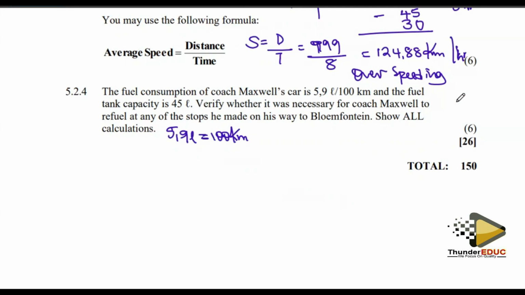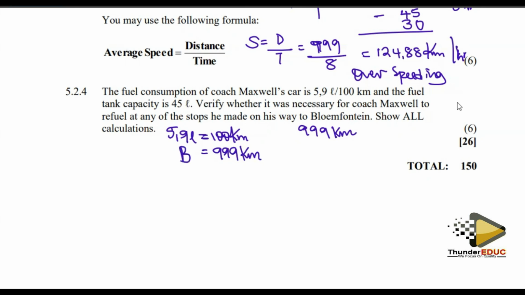So how are you going to find this out? He was traveling from Cape Town to Bloemfontein, which covers a distance of 999 kilometers. You understand? So you ask yourself, for this many kilometers, how much fuel do we need? We say, if 5.9 covers only 100, how much fuel will I need for 999?